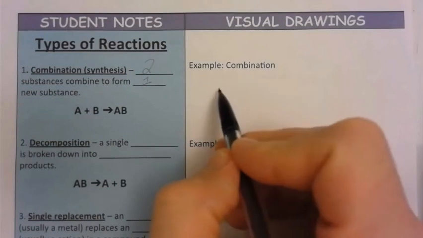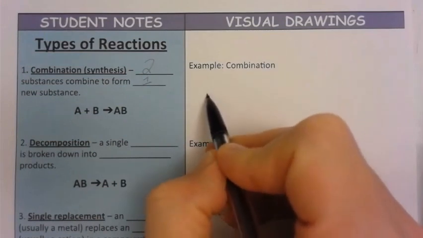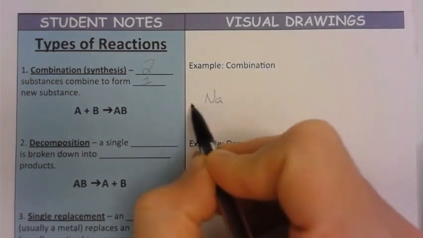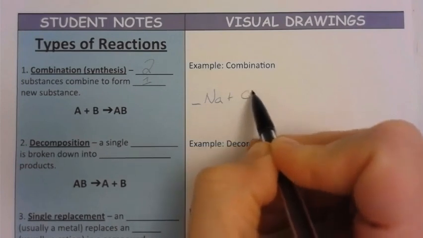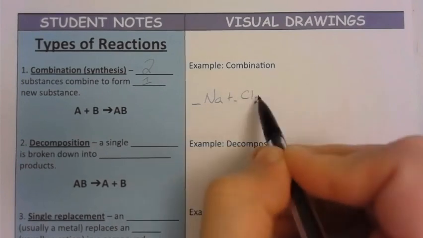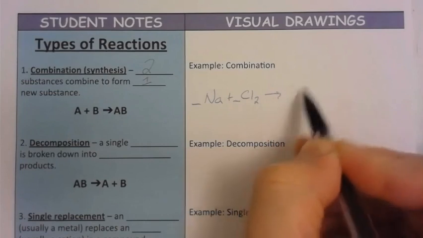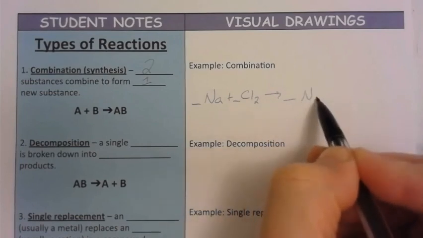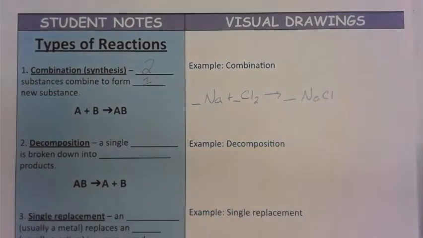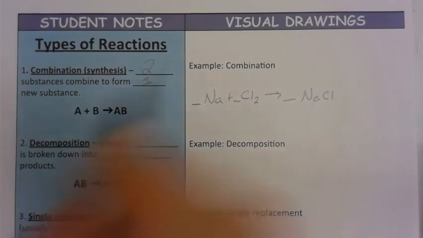So an example of a synthesis reaction would be something like sodium and chlorine combine together to form sodium chloride. We've got the element sodium, the element chlorine chemically reacting together to combine and form only one product, sodium chloride.